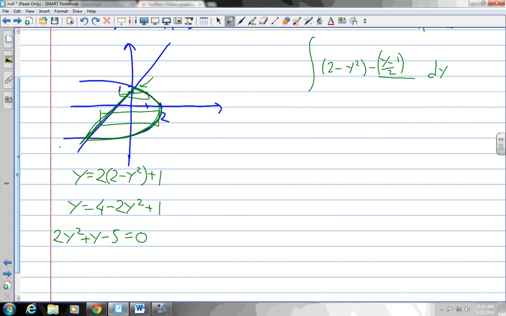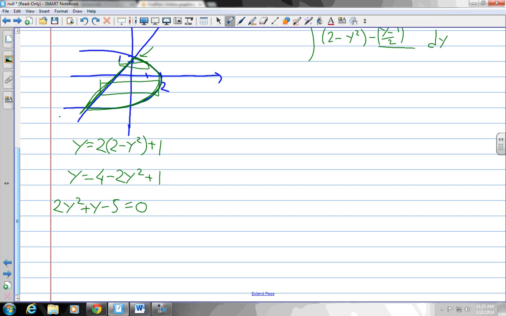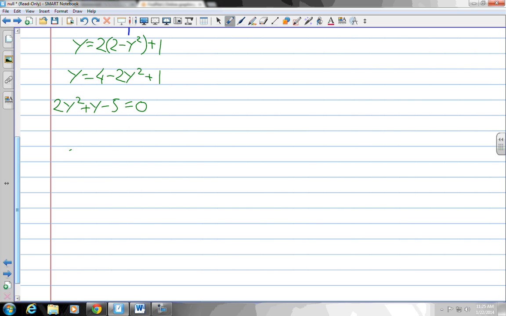No, it doesn't factor, so use the quadratic. You're going to get something unpleasant. So what is that? Negative 1 plus or minus the square root of 1, and then 4ac, what is that going to be? Minus 40 with that minus, so it's plus 40, over 4, right?